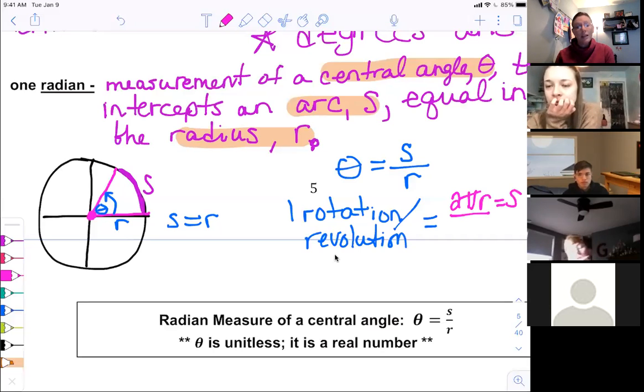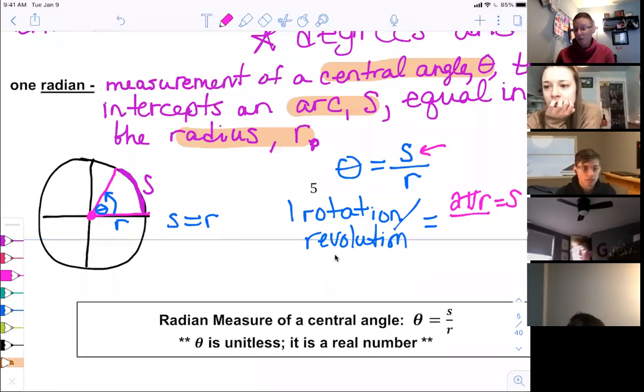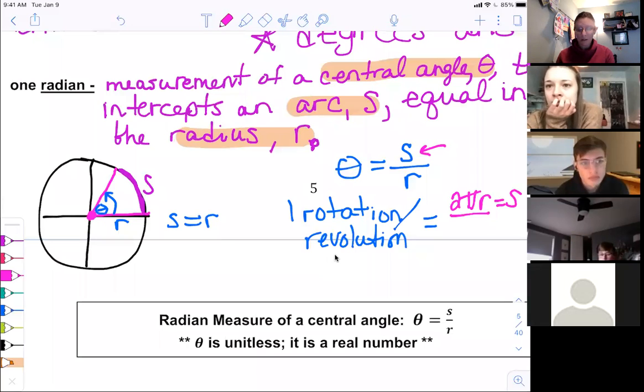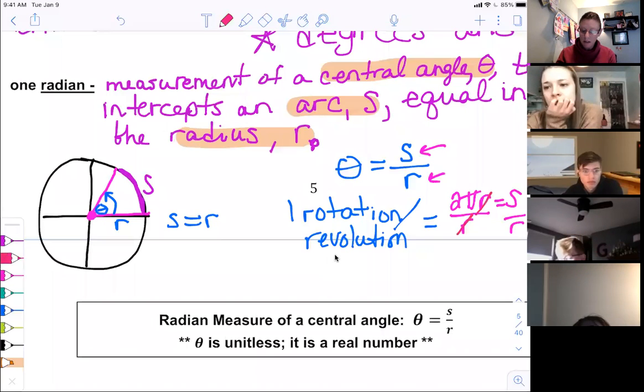If my angle is all the way around the whole circle, the way I find the measurement of that angle is by taking the arc length, which is 2 pi r, because it's all the way around the circle, divided by the radius. I'm going to divide that by r. So it's really s divided by r. 1 rotation or 1 spin around the circle, my r's cancel, is a distance of 2 pi.